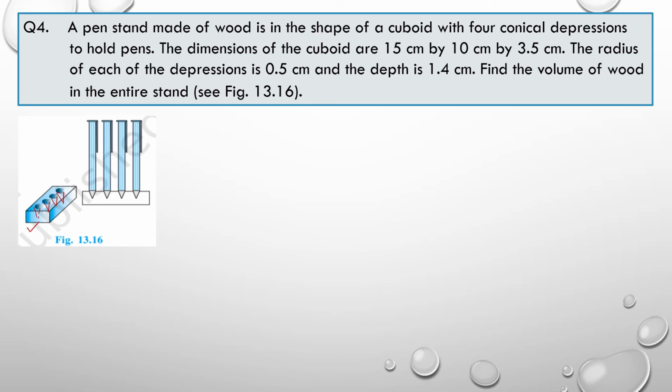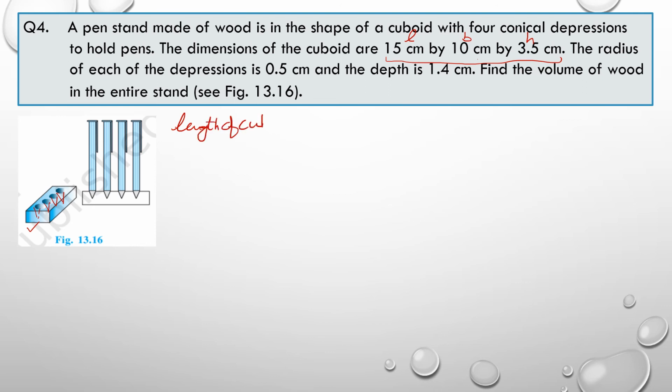So this is the cuboid and it has conical depressions in it. The dimensions of the cuboid are 15 cm by 10 cm by 3.5 cm. Whenever it is written this way, it means they are talking firstly about length, then breadth, and then height.